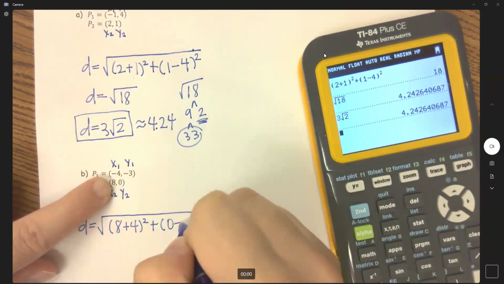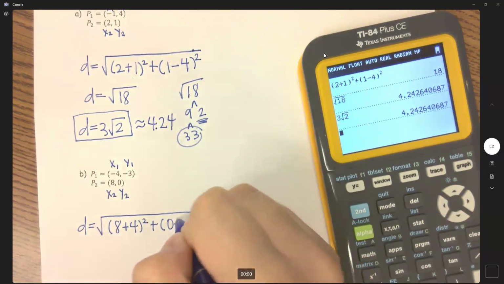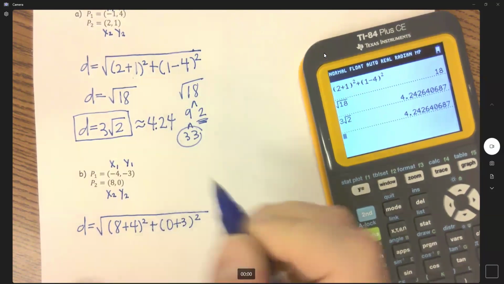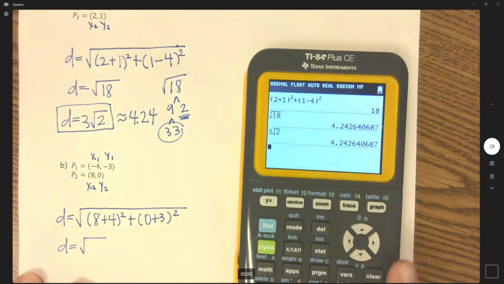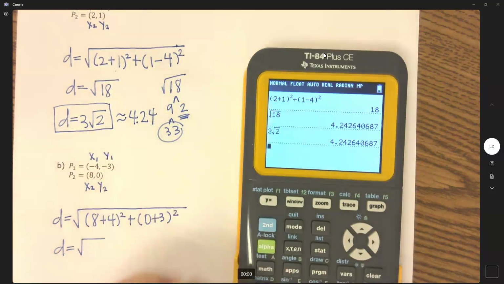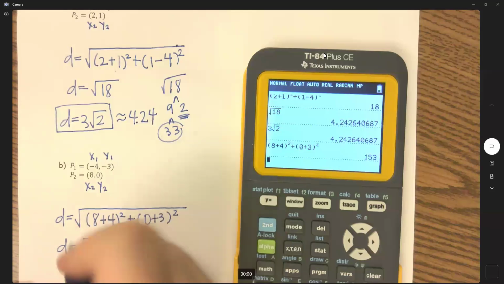Plus 0 minus the -3 is going to be 3. So put that all in. We get 153.